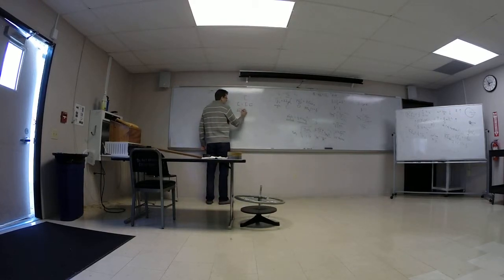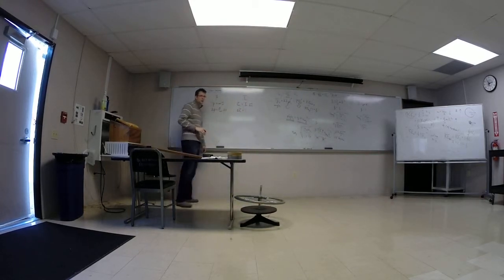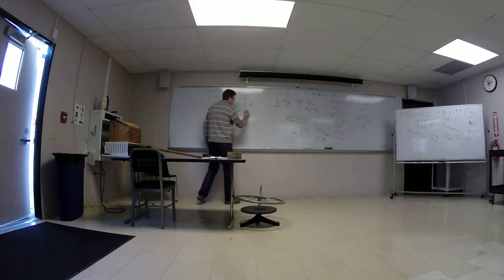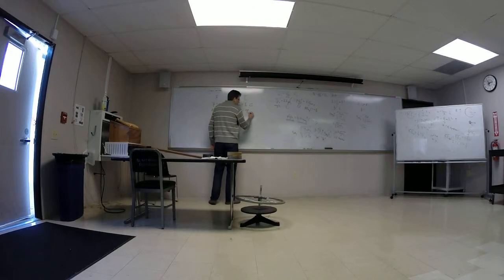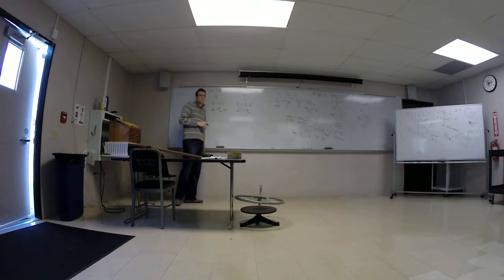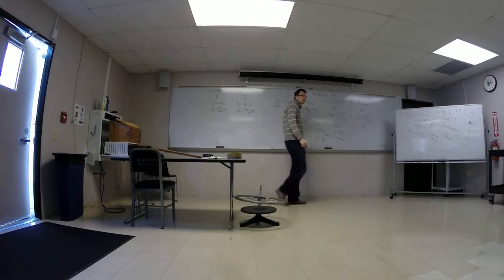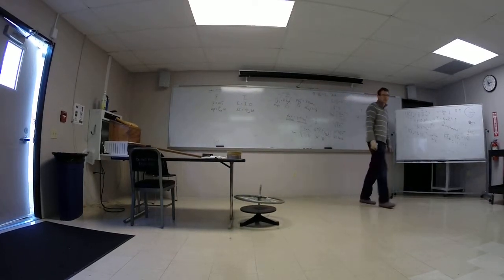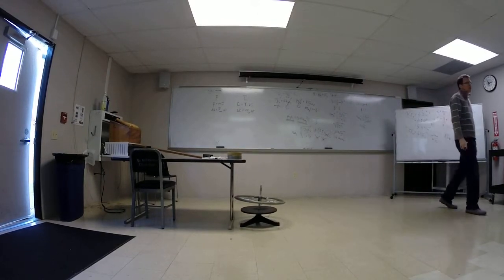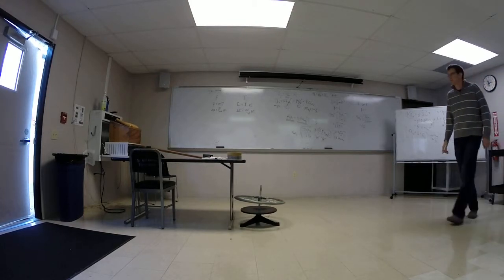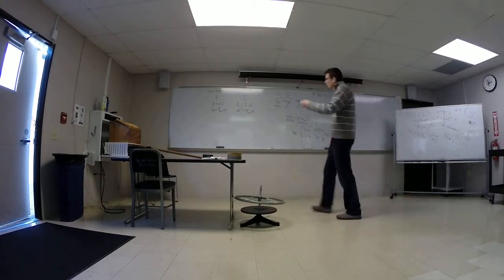If you want to change the angular momentum, what's the rotational analog for force? Torque. And what's the rotational analog for time? Rotational time. Just kidding, it's just time. Okay? So if you want to change the angular momentum, I guess you call it an angular impulse, you have to apply a net torque to something for some period of time.